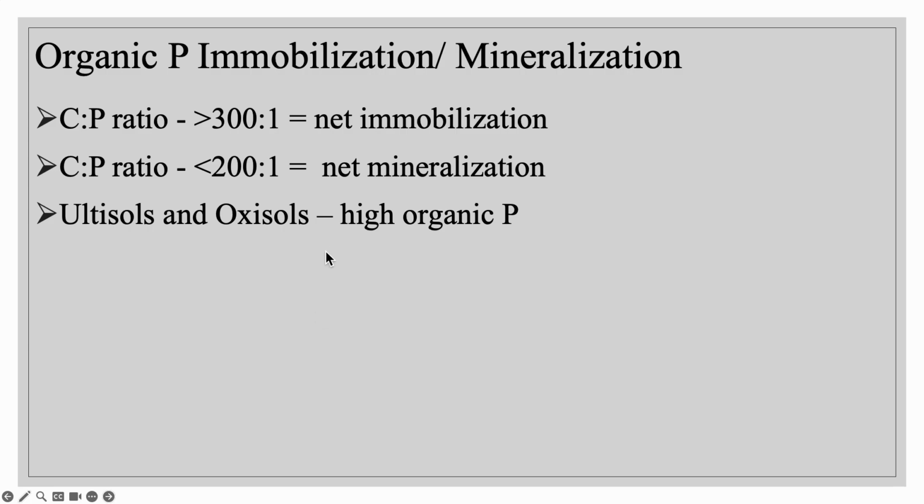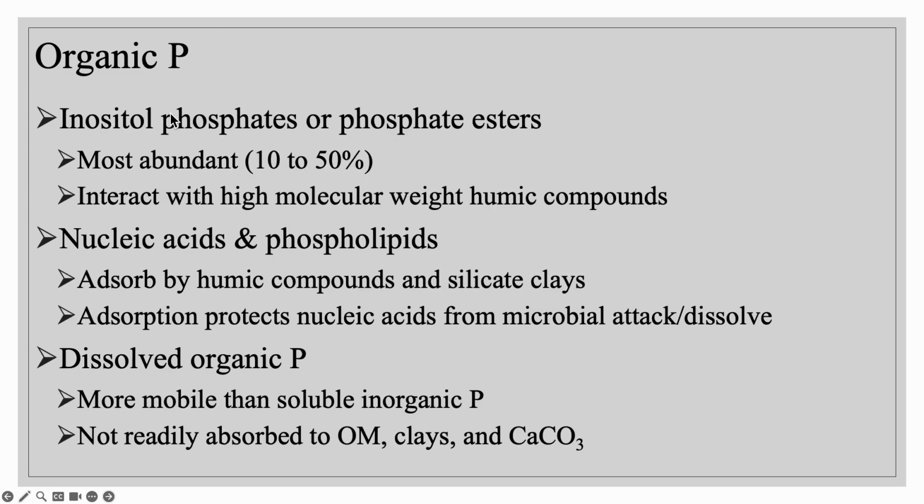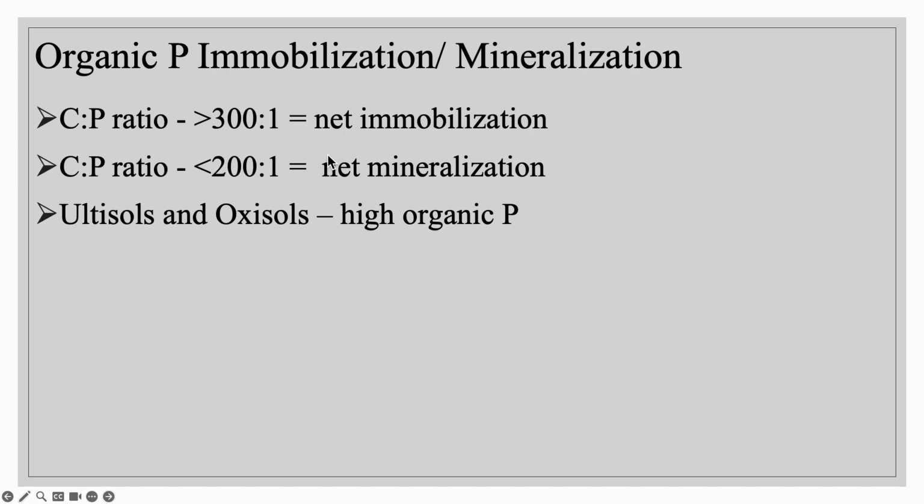I'm not really going to get into organic phosphorus as far as what those are, but it is important to understand that we do have this carbon to phosphorus ratio, just like we have a carbon to nitrogen ratio where we have immobilization and mineralization, and that our ultisols and oxisols are actually going to have a lot of high organic phosphorus because remember we have innersphere complexes, and those innersphere complexes are going to be even more in our highly weathered soils because there's nothing left, there's no more minerals left.